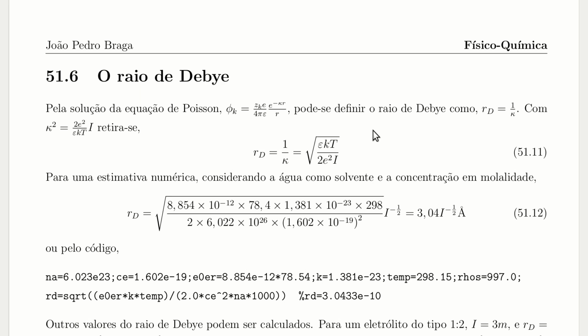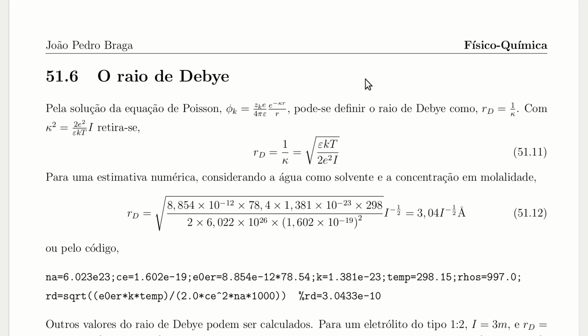We have now to estimate the Debye radius. And from the Poisson solution, we had this solution before for the potential. You can define a radius Rd, the Debye radius, which is equal to 1 over kappa. So kappa is the exponential, and therefore the Debye radius will give us an idea of the range of this potential.